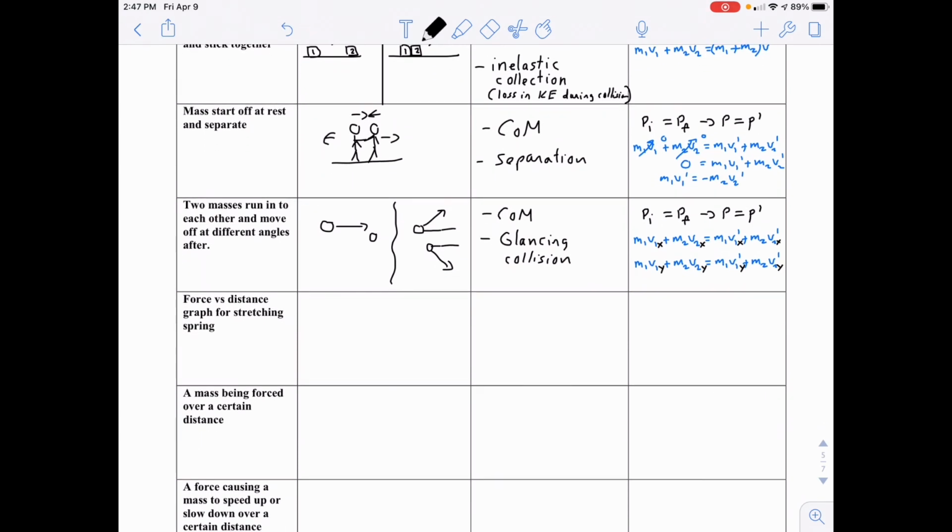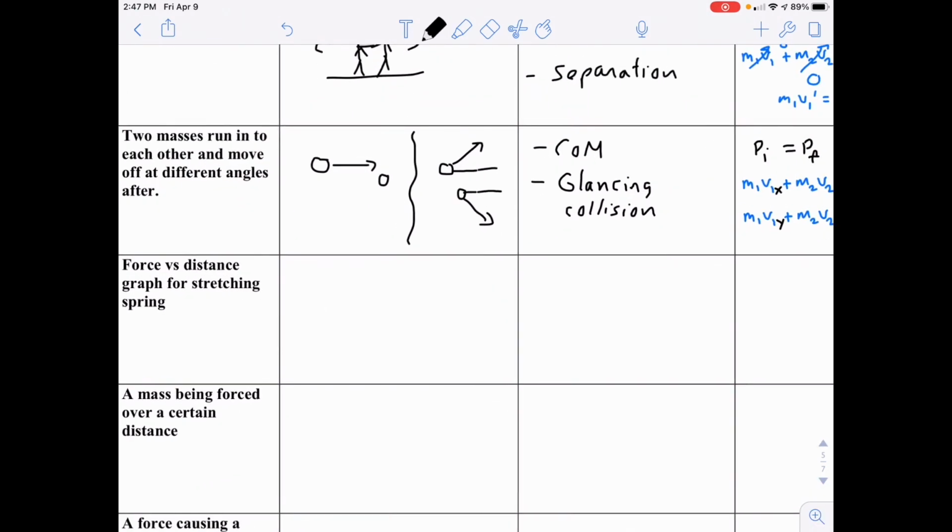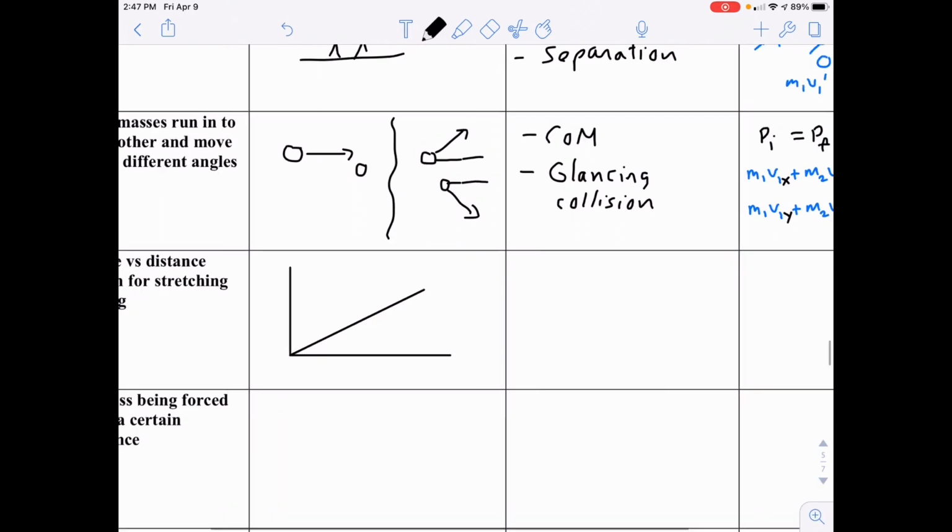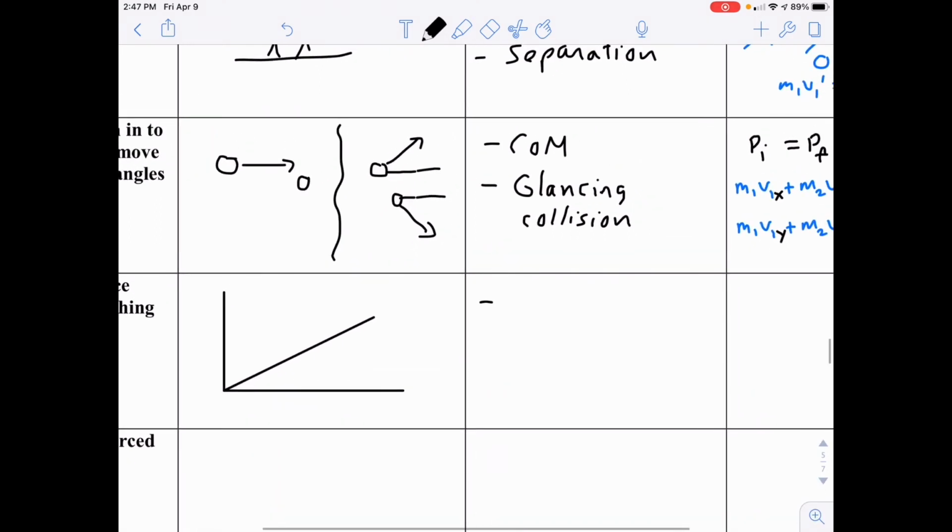What if we have a scenario where we have a force versus distance graph for a stretched spring? Now there's two things that can result from this. There's two different concepts that can result.